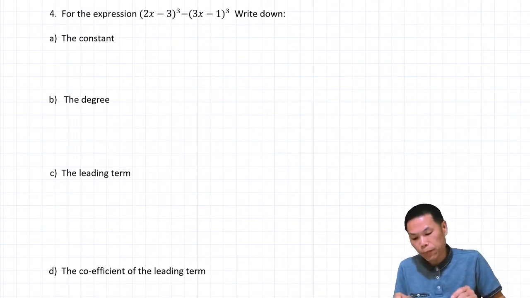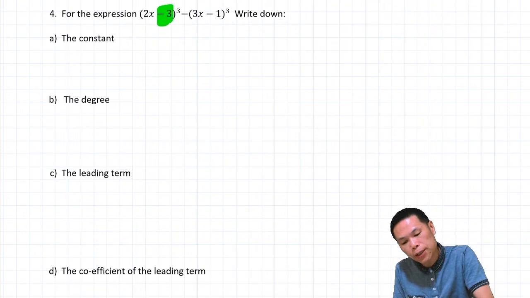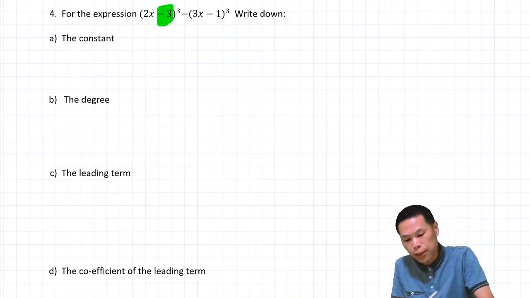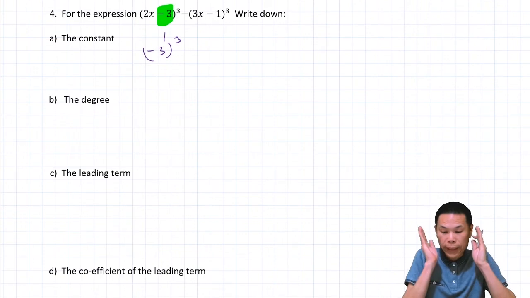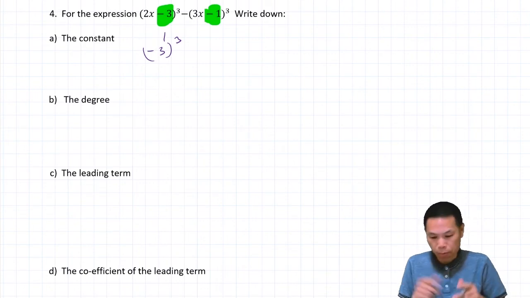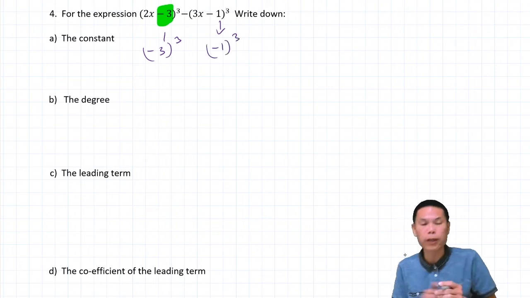So the first one, the constant. Now remember, the constant of this term first, inside here, is negative 3. So it's power 3, so the constant for this is negative 3 power 3. And the second one, the constant inside the bracket here, is negative 1. But it's power 3, so the constant for this term is negative 1 power 3.